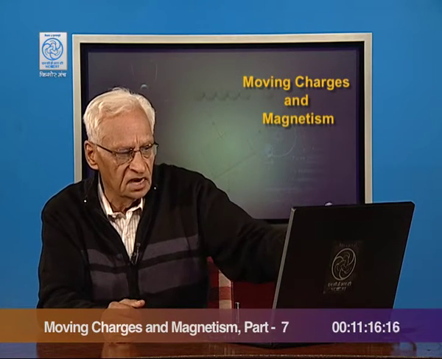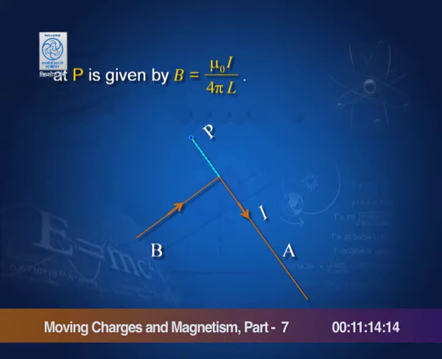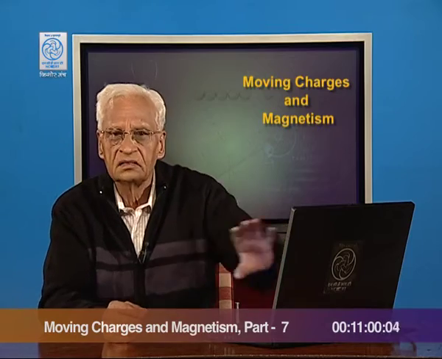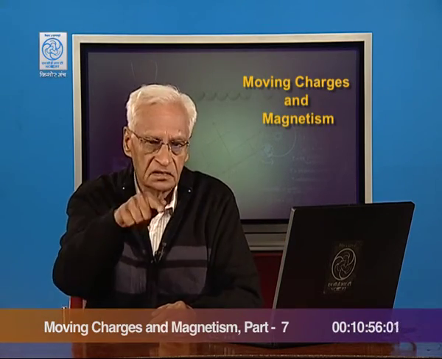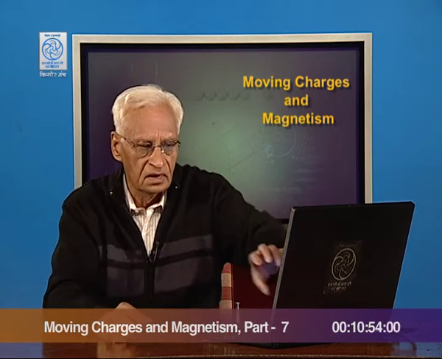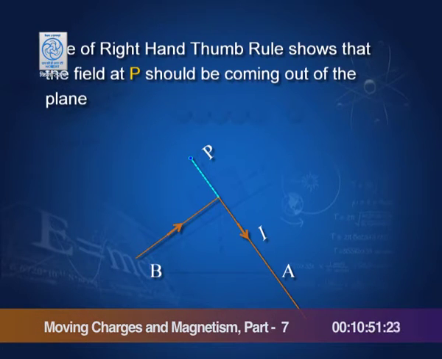Using the earlier result for a semi-infinite wire, we just put the distance equal to L and we get B equal to mu 0 I by 4 pi L. That is the magnetic field at this point. You can find the direction of the field, whether it is going into the plane or coming out of the plane, by applying the right hand screw rule.